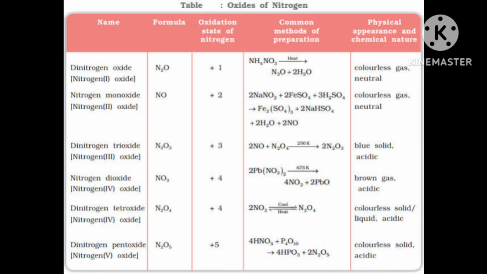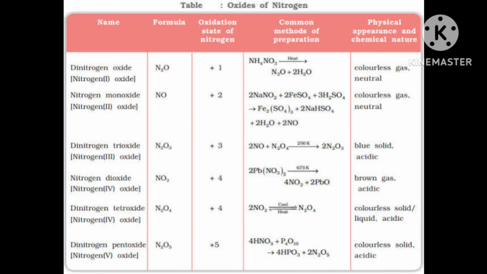And about acidic nature, out of 6, the last 4 are acidic. Last 4 means N2O3, NO2, N2O4, N2O5, all are acidic.